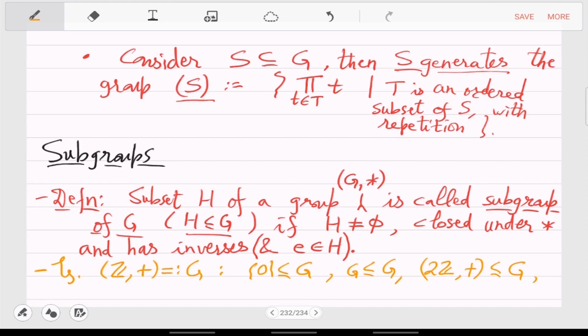Something new is you take a number and its multiples. That also is a subgroup. n equal to 2 is not special, so multiples of a number n also form an additive, so abelian, subgroup.